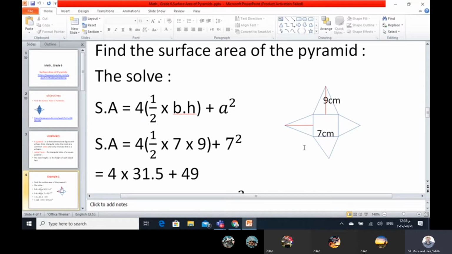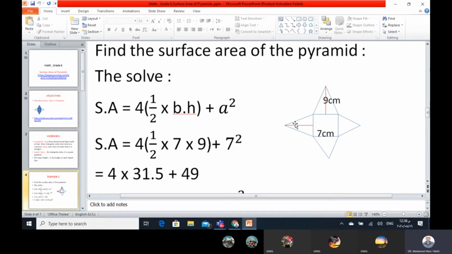Now, to solve the surface area, find the areas of the four triangles, then the area of the square, then add all the areas. But as you see, we have four congruent triangles. So it's enough to solve the area of the first triangle, then multiply the answer by 4.